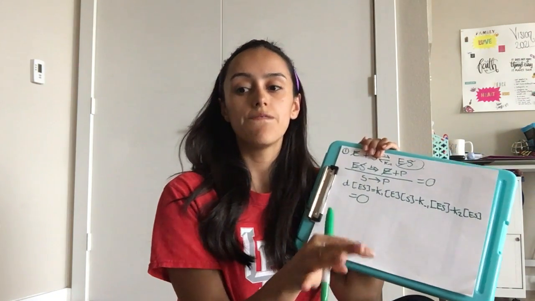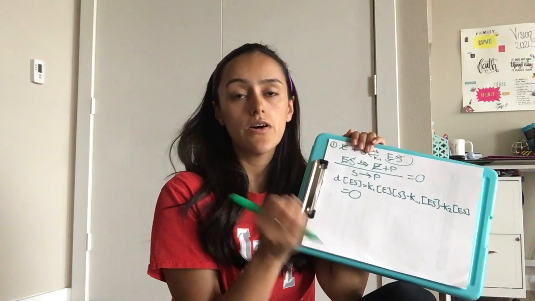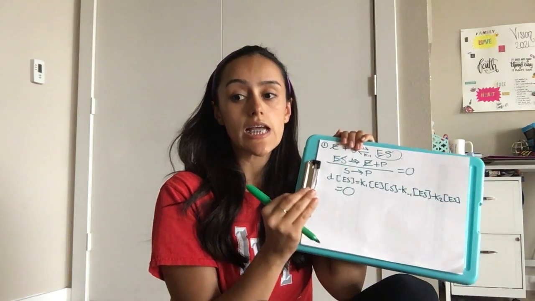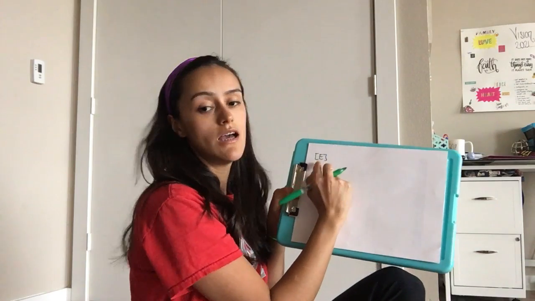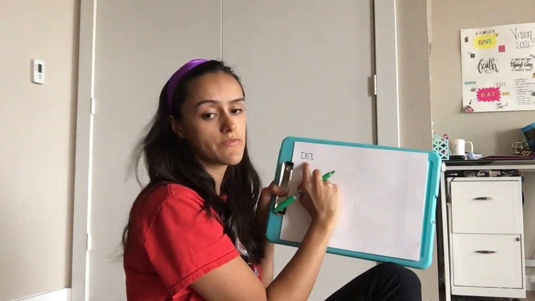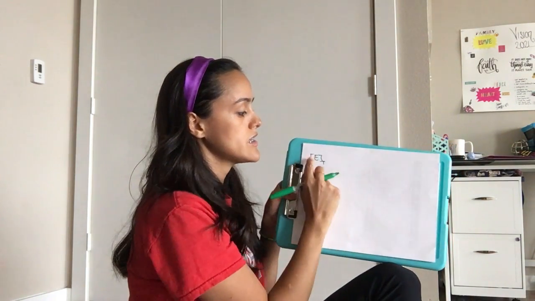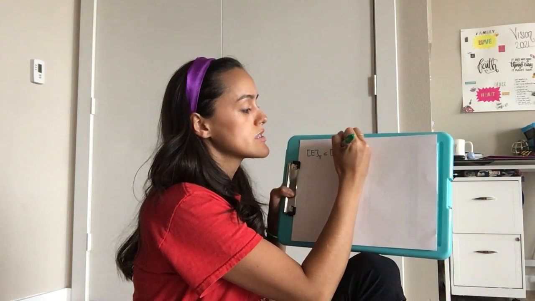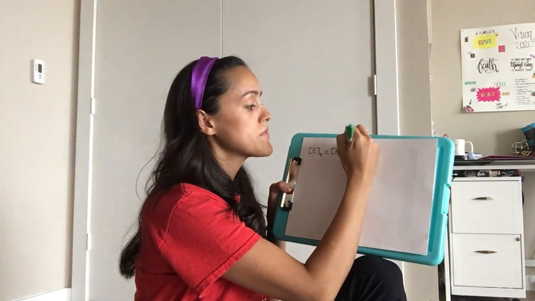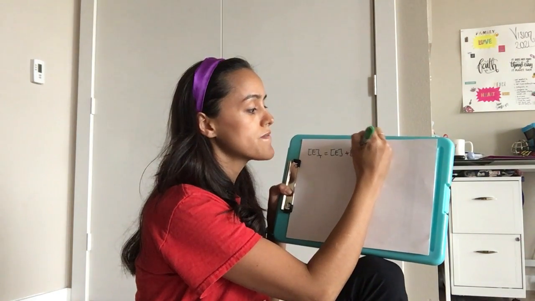Now we need to find the value of unbound enzyme. So we can use the total concentration of the enzyme, which is ET, equals the concentration of the enzyme plus the concentration of the complex.